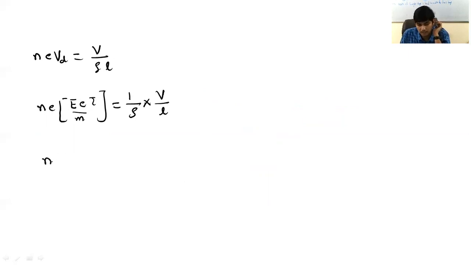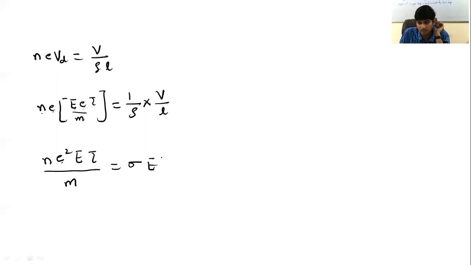I can write this as N E into E square, capital E, tau by M. N, small e into small e is e square, capital E, tau by M. That is equal to, we know 1 by rho is sigma, conductivity, and V by L is E, the electric field.